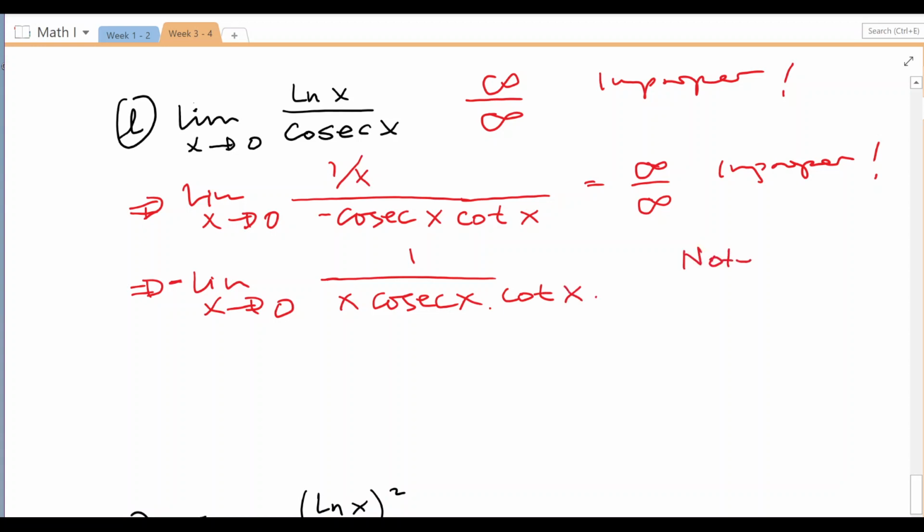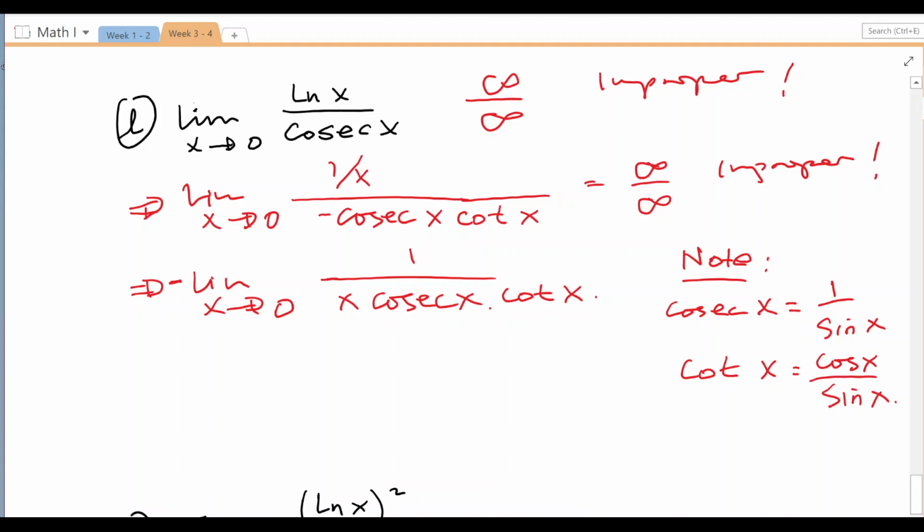Just a little note on the side for trigonometry: cosec x is equal to 1 over sine x, and cotangent x equals cos x over sine x.